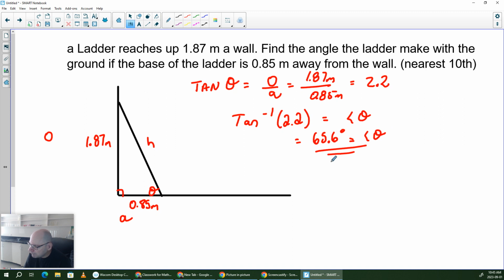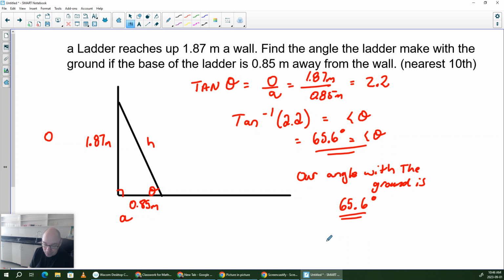So our angle with the ground is 65.6 degrees. That pretty much takes care of all the types of problems that you're going to see.